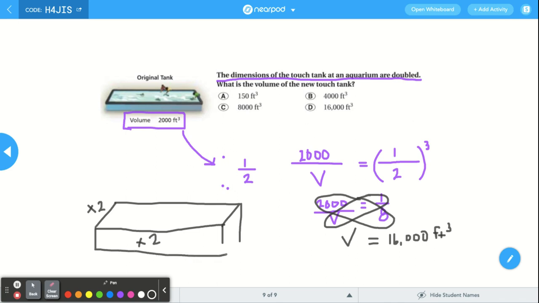So times 2 times 2 times 2 gives us 8 times bigger than the original. We're cubing that number. Kind of comes back to our cubing that we did at the very beginning.